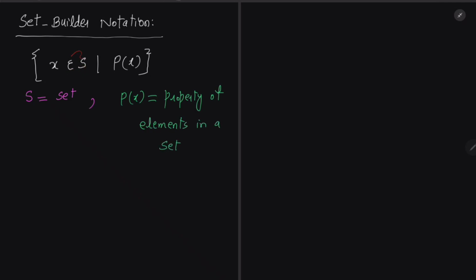Then we have this symbol, this one, which is called member of or element of, and then there is this vertical line, which is called such that.